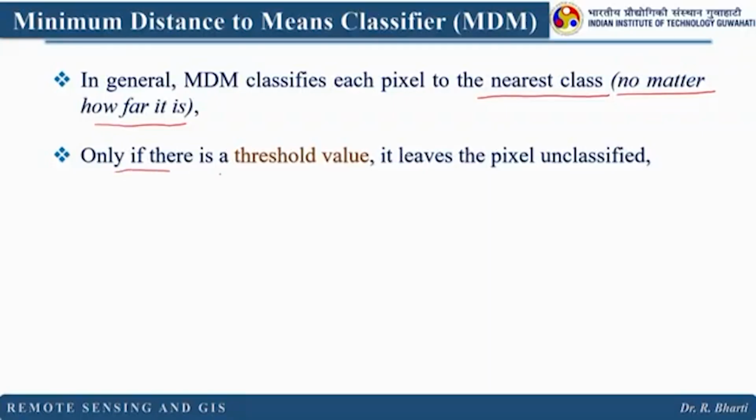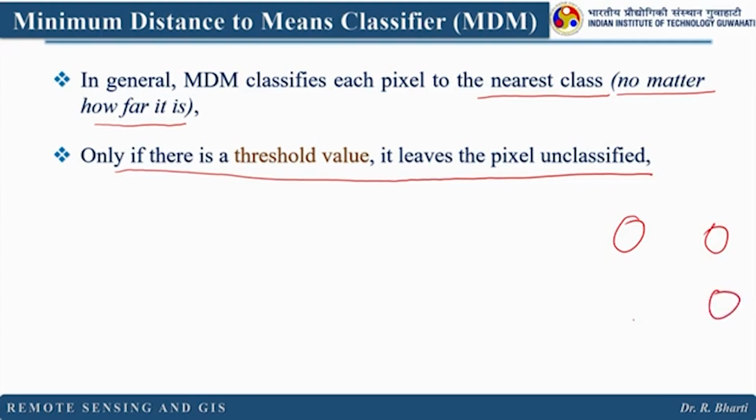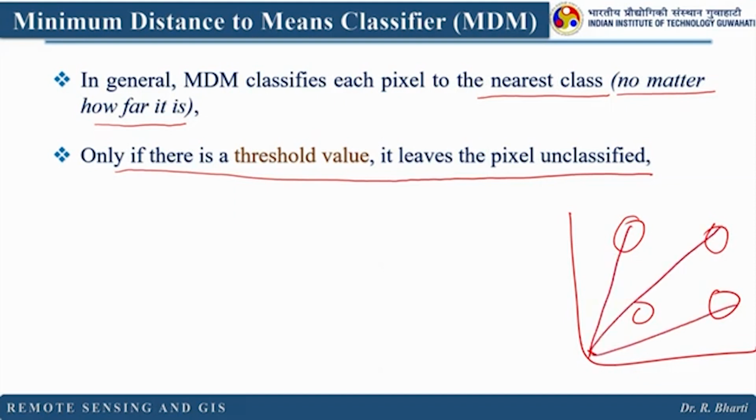Only if there is a threshold value, it leaves the pixel unclassified. So suppose these are the clusters, and this is the pixel. Obviously if you don't have any threshold value, this pixel will be classified into this class because this is the nearer, but probably we have left one class because we wanted only 4 classes here.